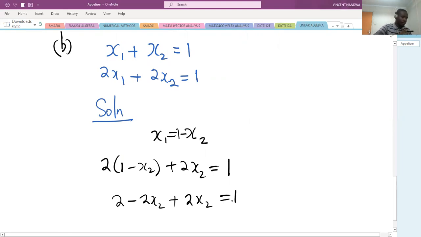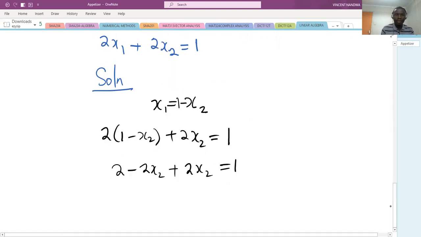Then minus 2x2 plus 2x2 is 0, so this is the same as 2 equals 1.